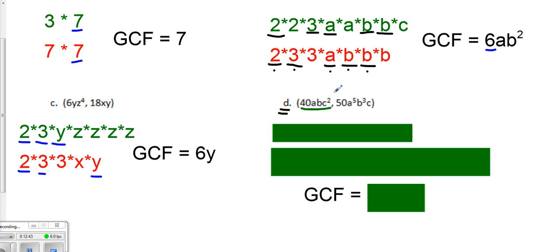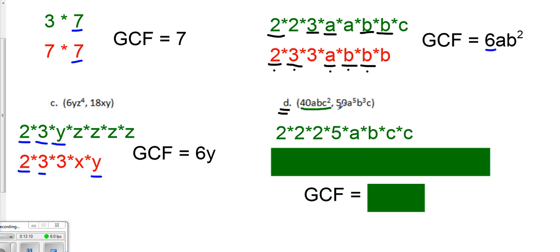This first monomial, 40abc squared, we can break apart into the factors 2 times 2 is 4, times 2 is 8, times 5 is 40. So this is the prime factorization. A becomes A, B becomes B, C squared becomes C times C. So this part here is the factored form of this monomial.